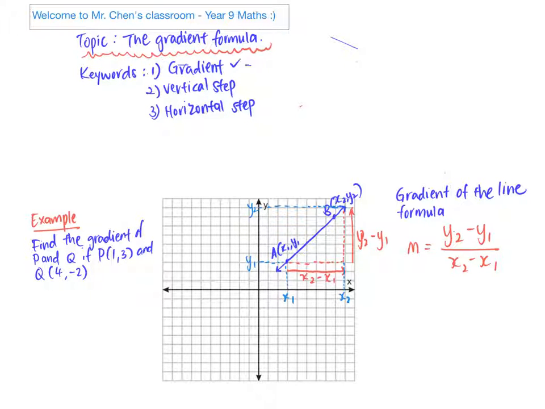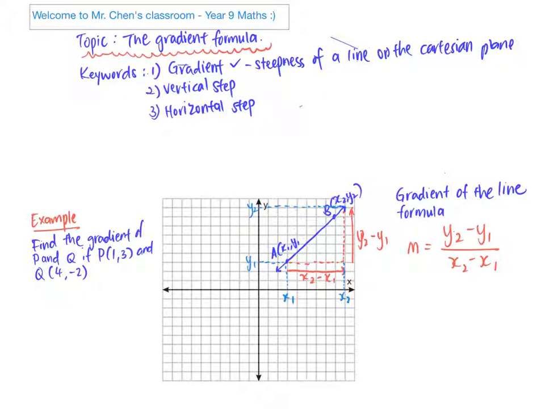For those who forgot, gradient is the steepness of a line on the Cartesian plane. It measures how steep the line is.